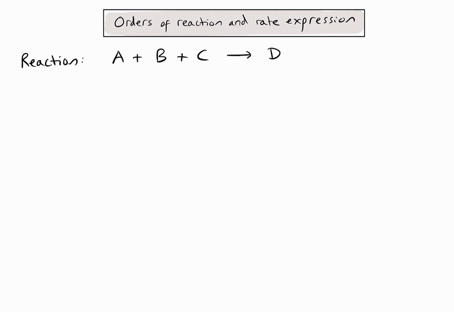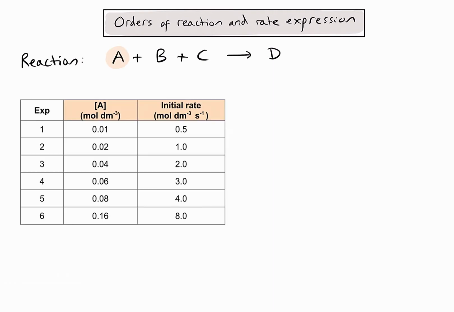Let's first take a look at the data from changing the concentration of A and consider how that has affected the rate of reaction. In order to identify how changing the concentration of A affects the rate, I'm going to choose two experiments from this data table and consider how the concentration of A has changed. Let's take experiment 1 and 2.